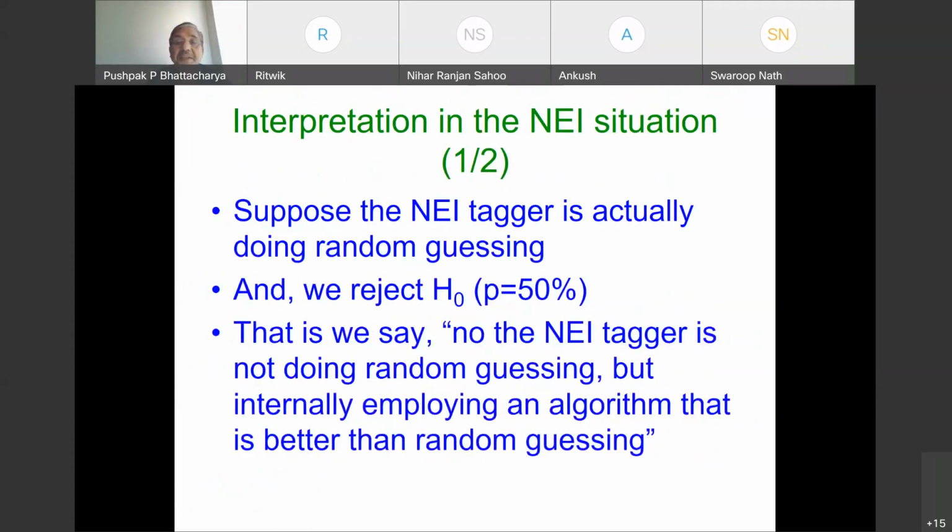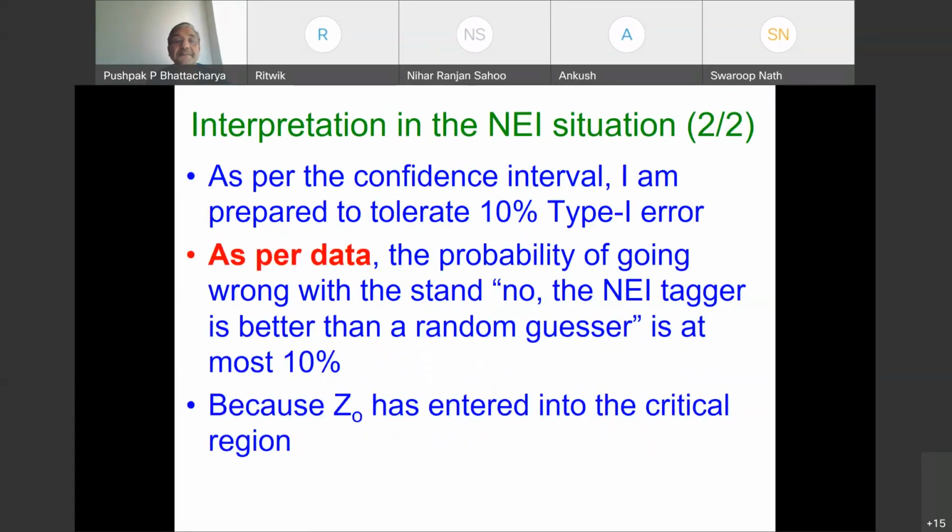Suppose the named entity identifier is actually doing random guessing and we reject H0. Then we say that no, the named entity identifier tagger is not doing random guessing, but internally employing an algorithm that is better than random guessing. Okay, as per the confidence interval, I am prepared to tolerate 10% type 1 error.